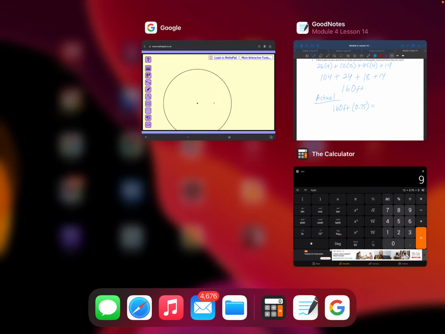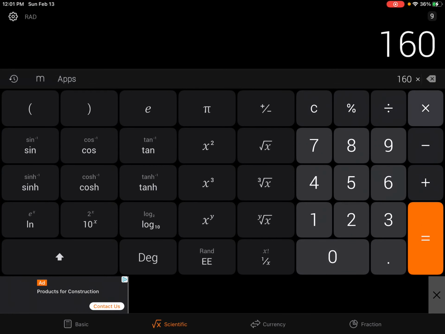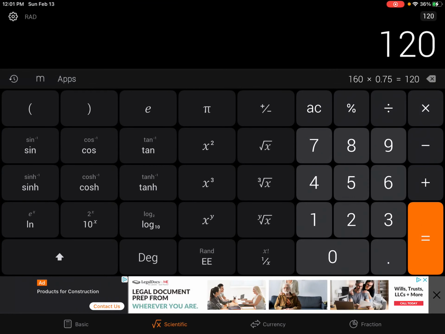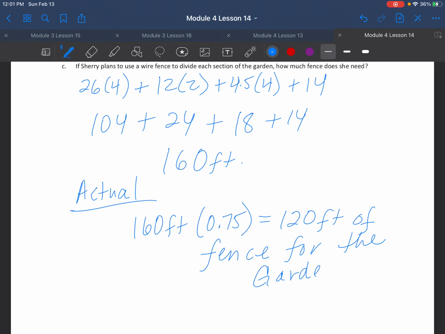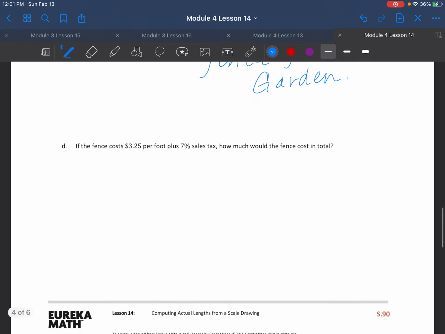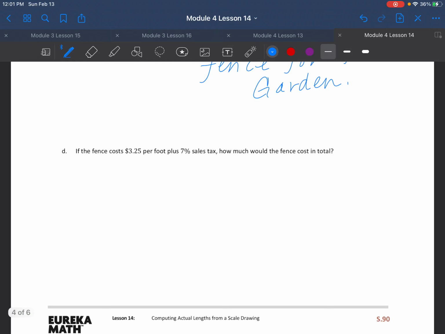Because that's the drawing. But remember, her actual was a 75% reduction. So we have to come in here and take 160 feet, multiply it by 75%. That is 120. So she will need 120 feet of fence for the garden.